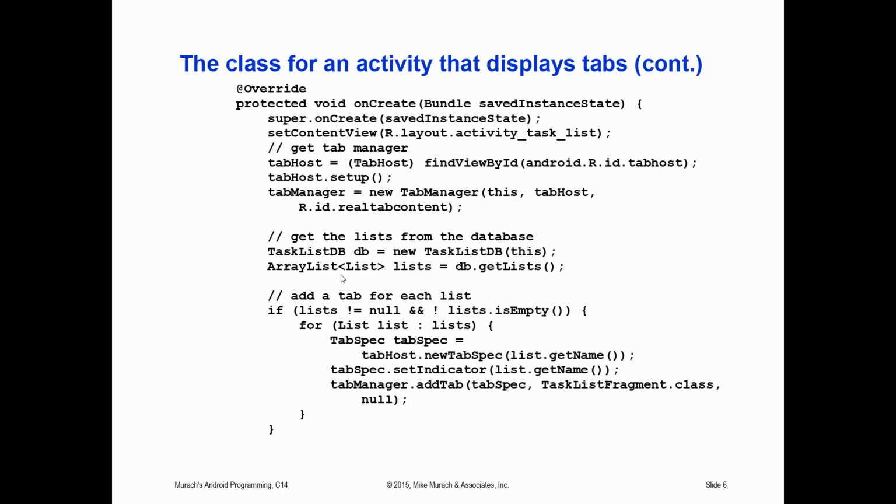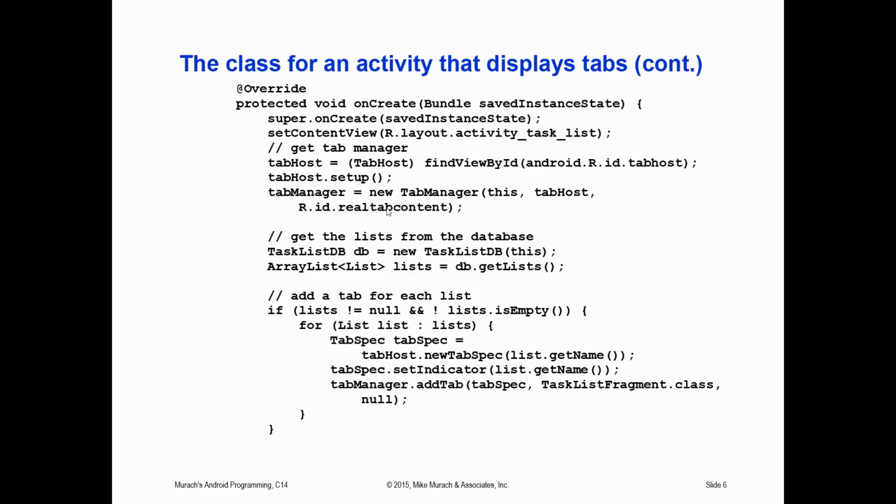After setting up the TabHost object, it creates a new TabManager object and passes 3 arguments to the constructor of the TabManager that you can see right here: the context, which is this, the TabHost object, and the ID of the frame layout widget used to display the content for the current tab.